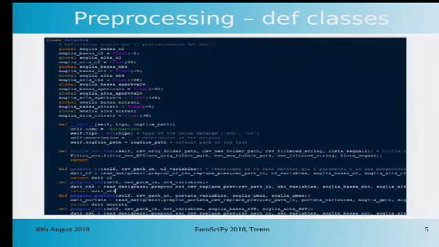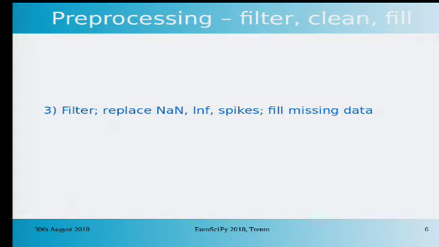Here are some examples of how we do this. It's quite simple, but the interesting thing is that for every class we have different kinds of pre-processing methods defined just to improve the quality of data.